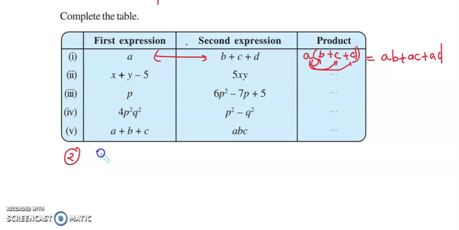The second one says x plus y minus 5 multiplied by 5xy. Now this number which is outside the bracket can be on the left or on the right. It's one and the same thing. So this will multiply here with all the 3.